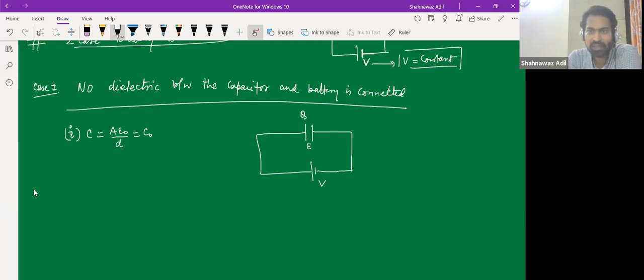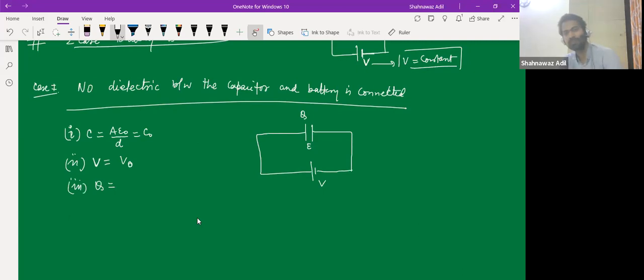Is this clear, guys? Yes. And then the potential difference. Let's say it is V naught, which we are providing. And then the third one is the charge.